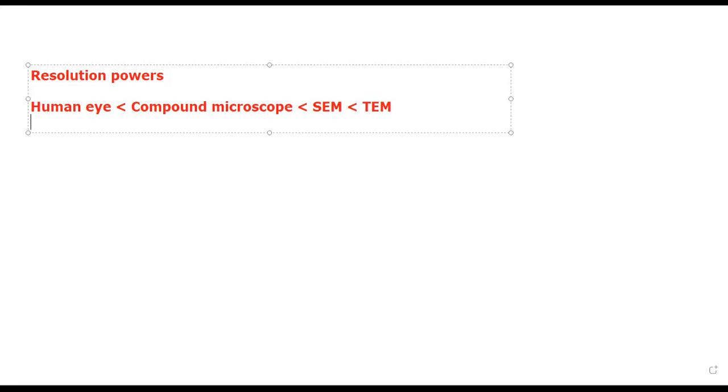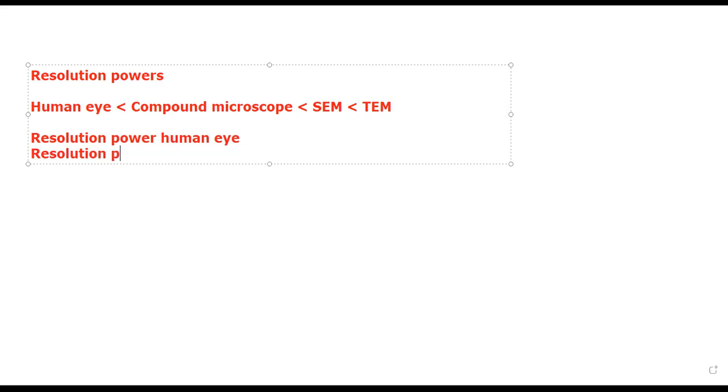Now in the question, we are asking, compared to the human eye, how many times is the resolution power of the compound microscope greater? In this case, you have to divide the resolution power of the human eye by the resolution power of whom?